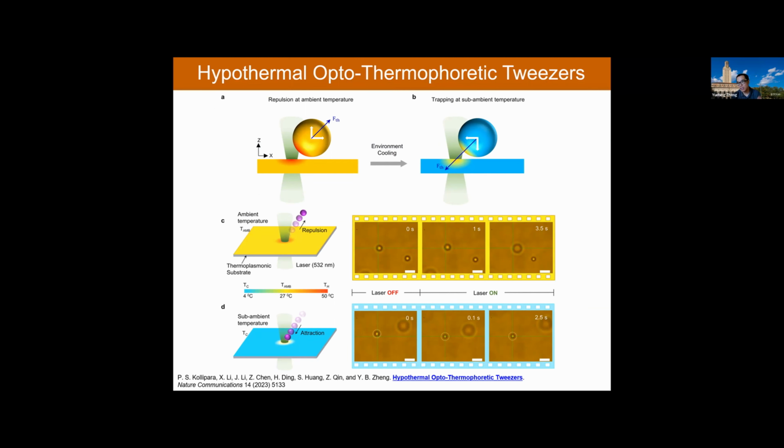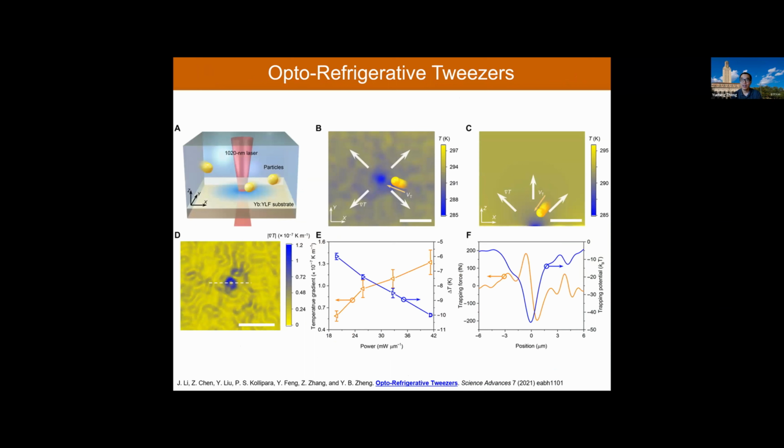So we don't need a surfactant anymore in this case. Simply by cooling down the environment, we're able to trap biological cells in a much simpler solvent, even in their own biological solutions. Another case that may be more straightforward is: why not just cool the substrate using a laser?